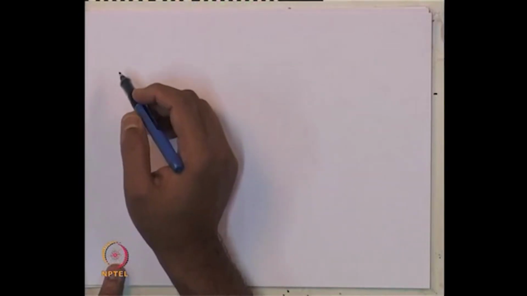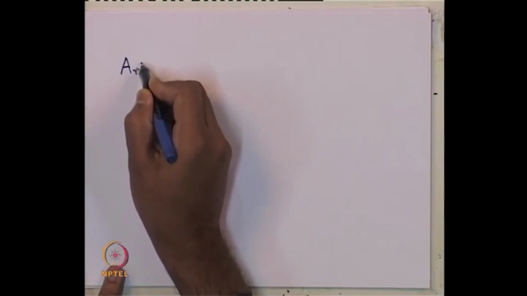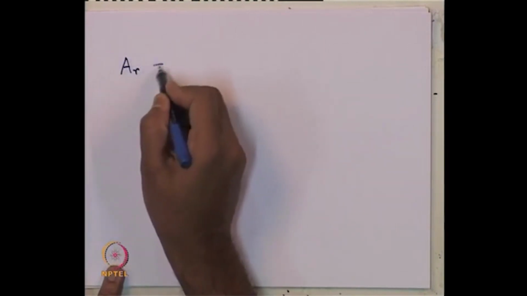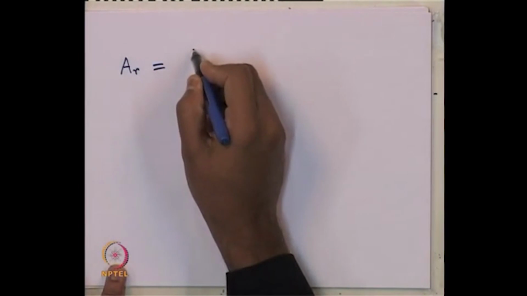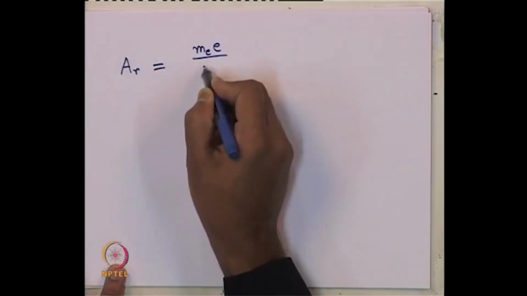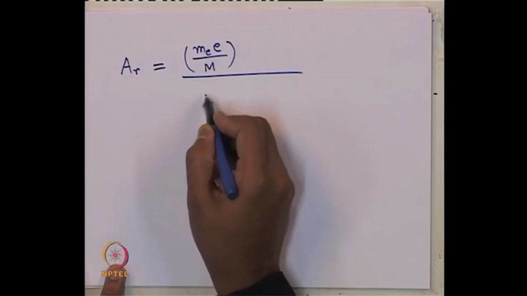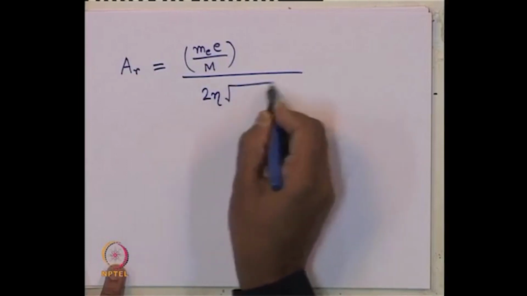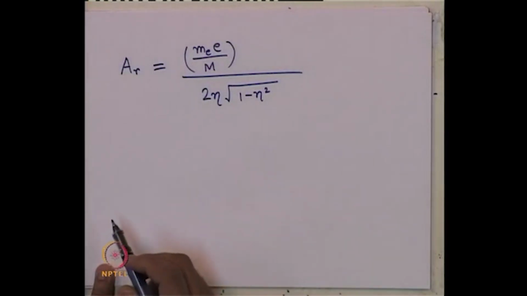Next, we have to calculate the displacement amplitude at resonance. So, AR, what is the expression for rotating mass type system? That is MEE by M, 2 eta root over 1 minus eta square. That was the expression through the dynamic magnification factor which we had discussed in our module 2 vibration theory.